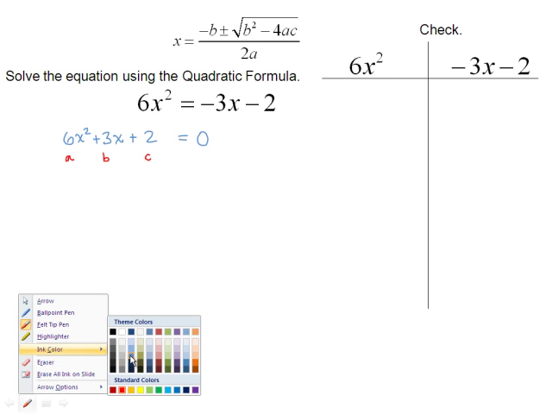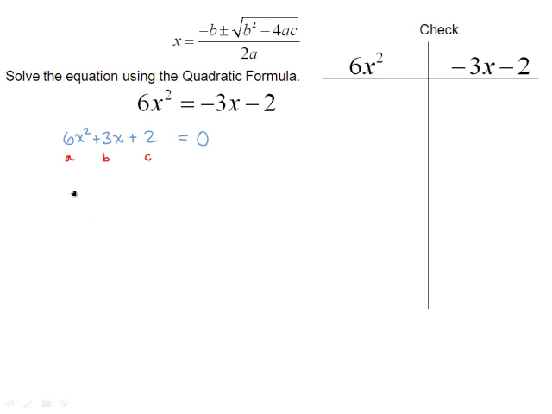So next we substitute into the formula. We would have x equals negative b, so negative 3 plus or minus the square root of b squared, 3 squared, minus 4 times a times c.